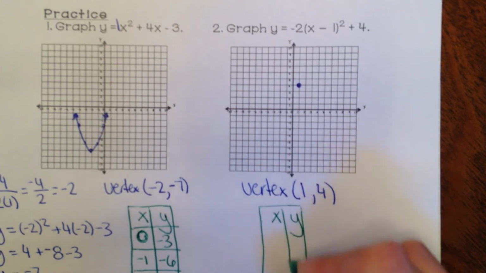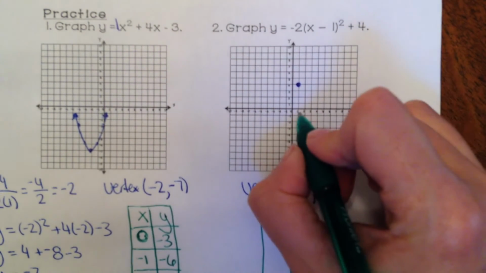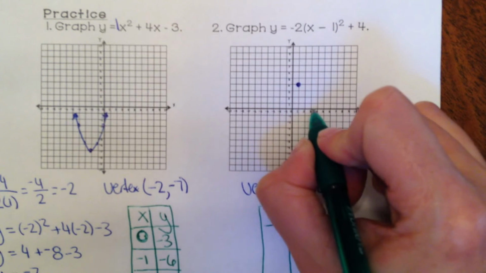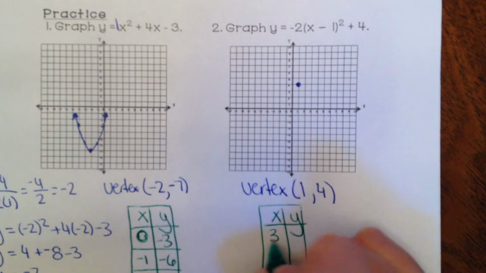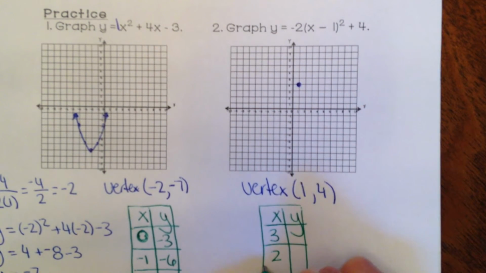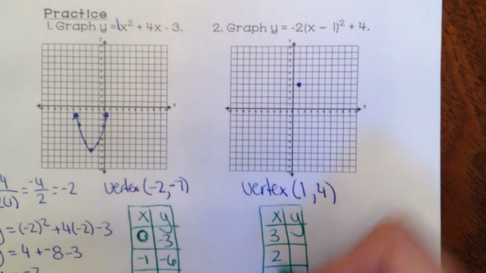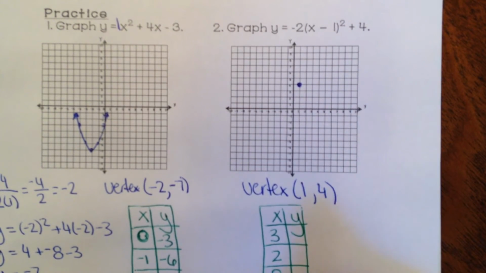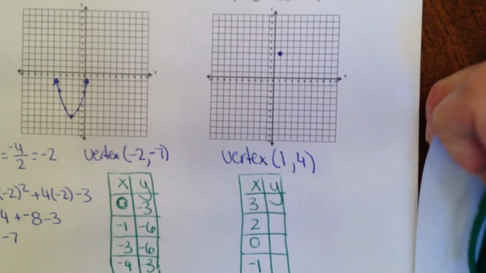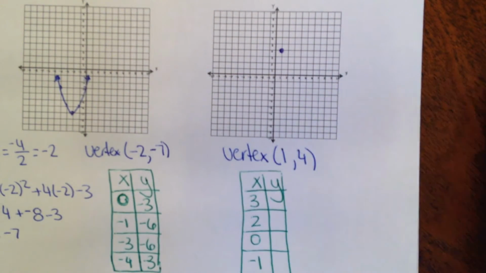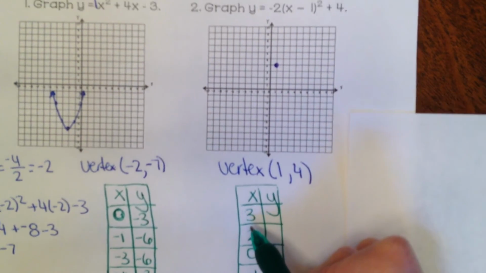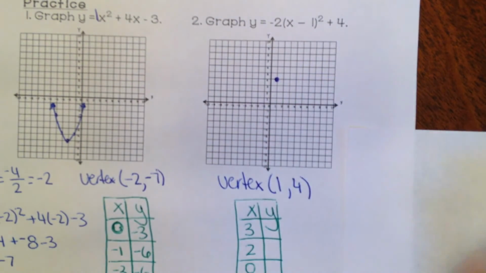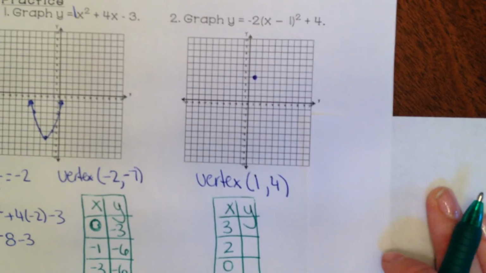And so 1 to the right would be 2, and the other one would be 3. So I'm going to start with 3, then do 2. We have 0 and -1 to the left. And I'm just going to write these out and plug these numbers into this equation on this piece of paper.